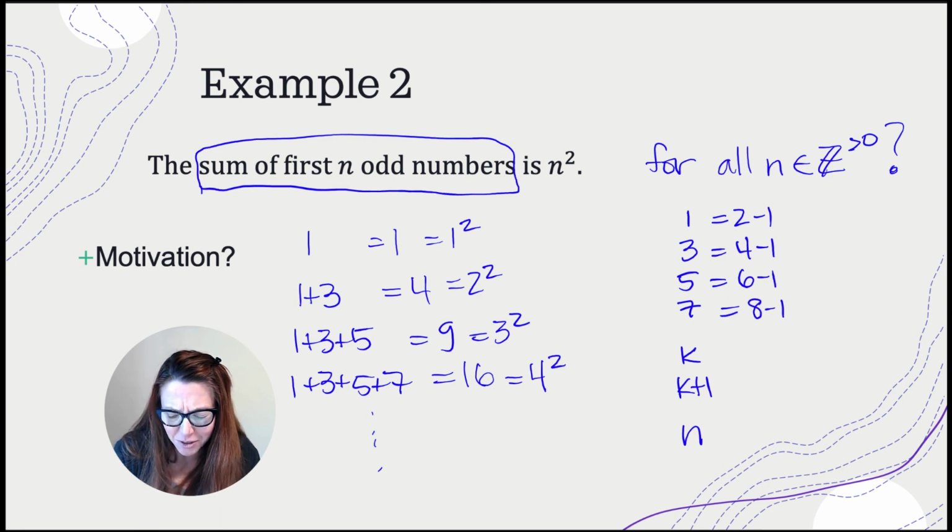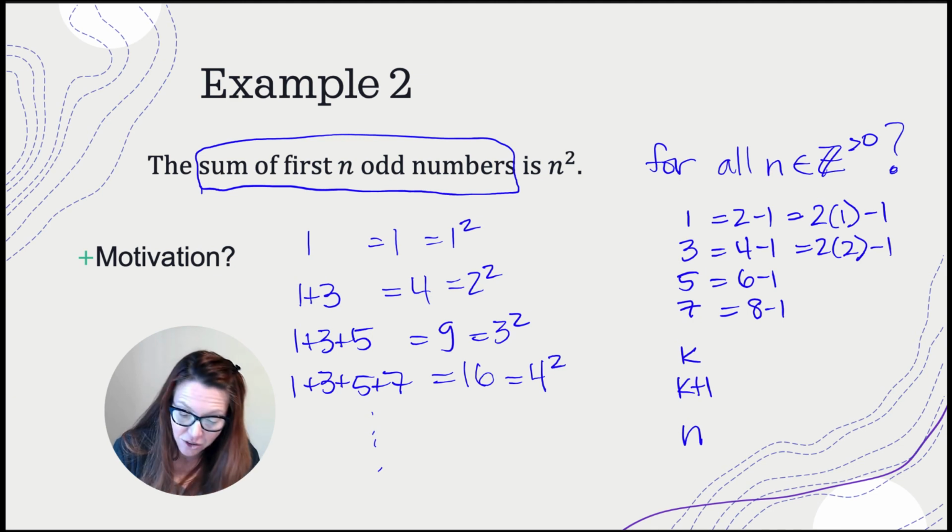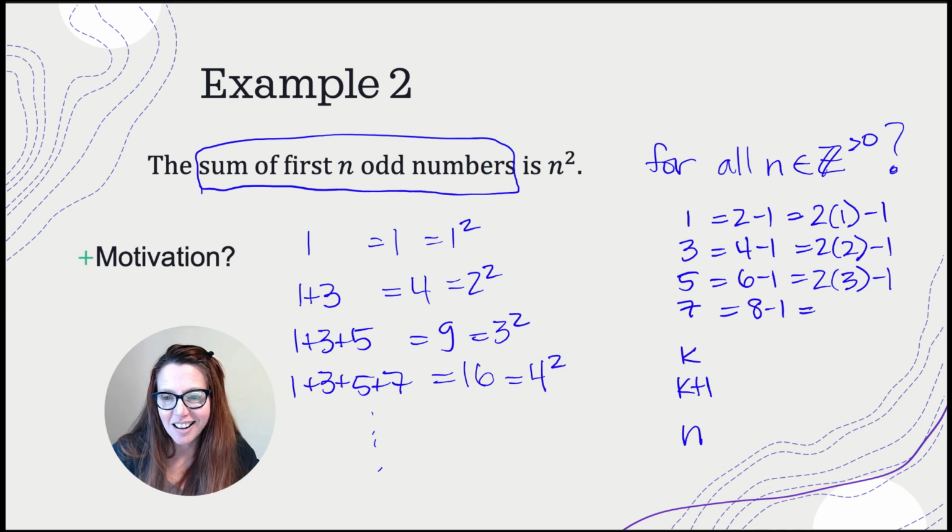And if I follow through, what would that look like for k? Well, I can show you that this is the same as 2 times 1 minus 1, 2 times 2 minus 1, 2 times 3 minus 1. This is just another way to represent all of those odd numbers, 2 times 4 minus 1, and so on.